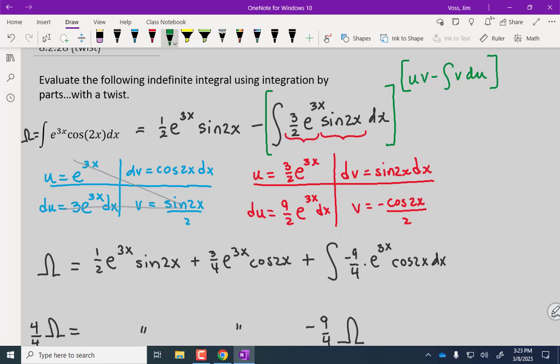So whatever the sign of uv is, it will then need to be multiplied by -1. So u times v is negative, so then we multiply it by that -1 and it becomes positive there. And then we have to have a minus integral of v du.